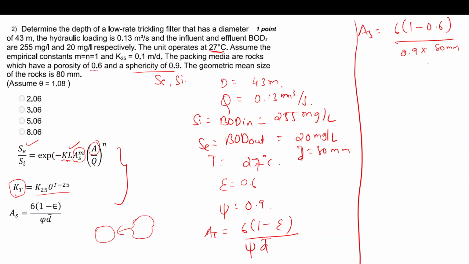You convert this 80 mm into meters, so that you will have area in meters square. So it should come to 33.33. Are you getting this?